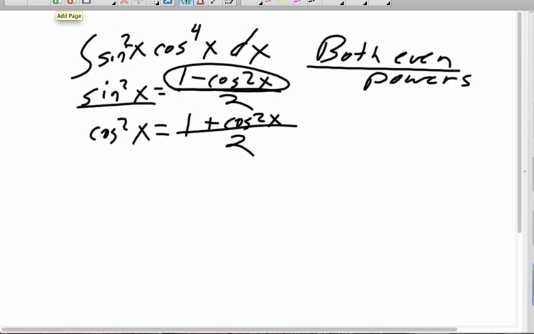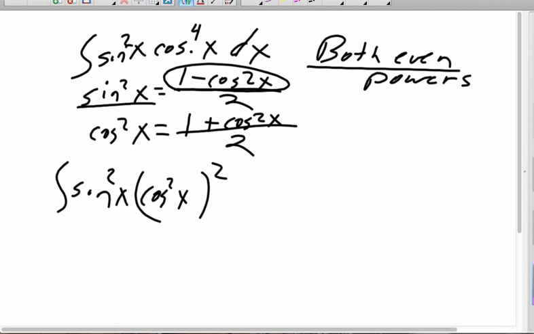And then I'm going to substitute these in up here. So I'm going to have the integral of, now before I do that, let me rewrite this a little bit. We have sine squared of x, cosine squared of x, squared dx. This is the same thing as cosine to the fourth. So now I've got the integral of sine squared of x, I need to use my power reducing formulas now.